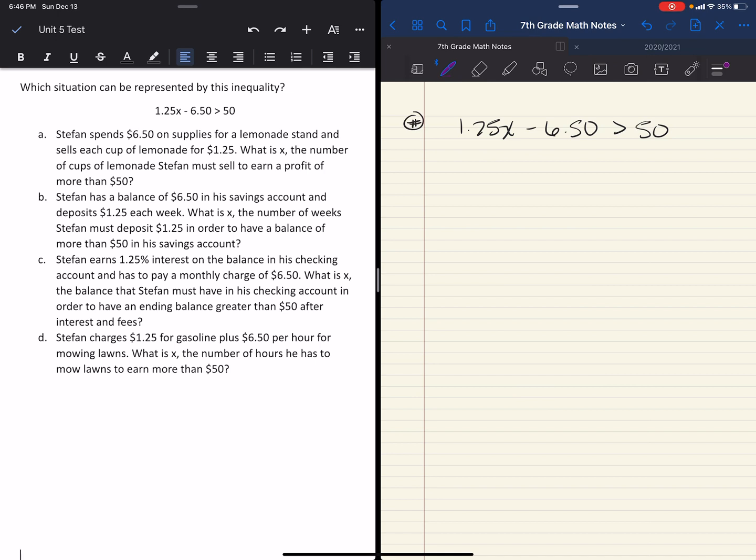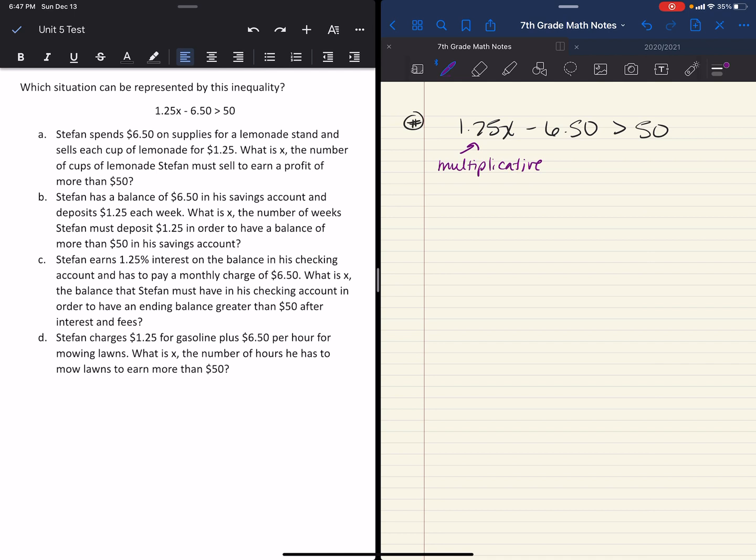The 1.25 is multiplicative. This is multiplying x, whatever x represents.